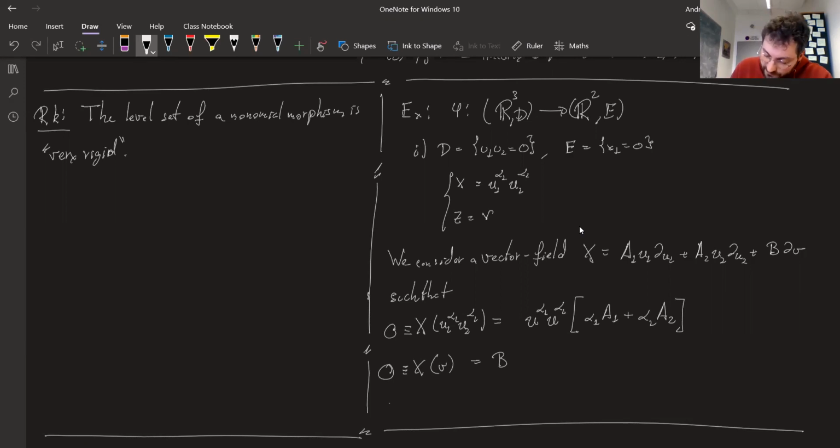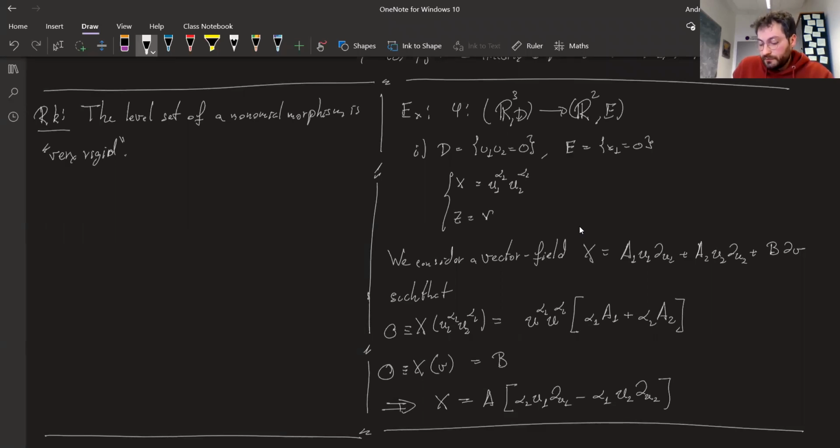So from this we take that X must be equal to a function A, which multiplies the vector field, because there's a relation between A1 and A2, so there's going to be a common function A here, which multiplies α2 u1 ∂u1 minus α1 u2 ∂u2. This is the term that's going to make this part become 0, right?